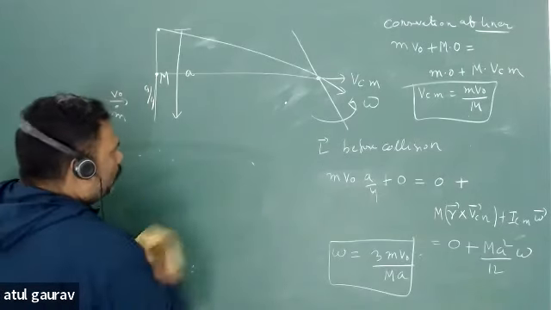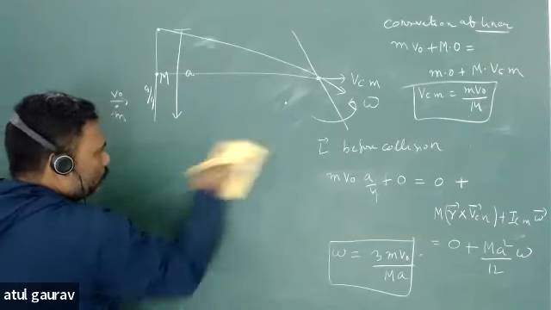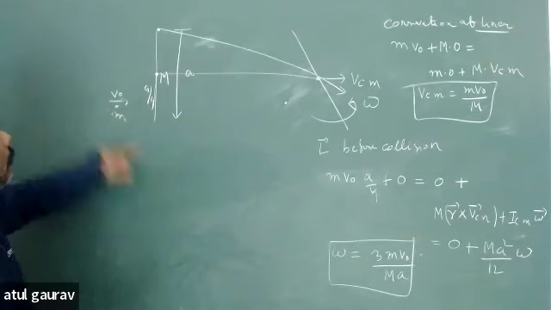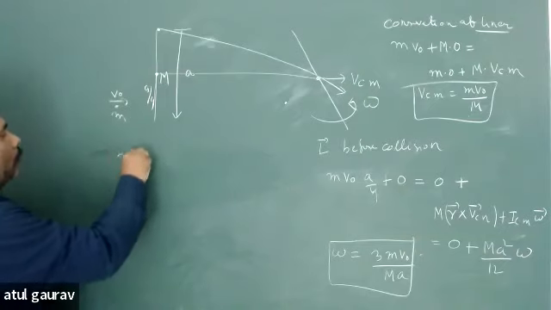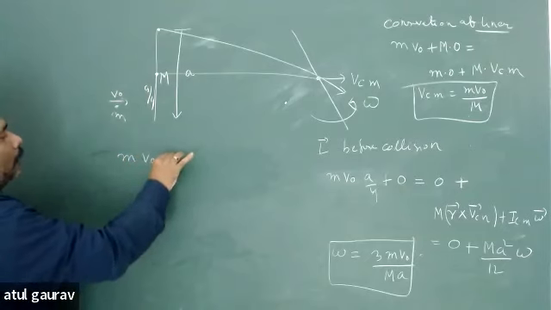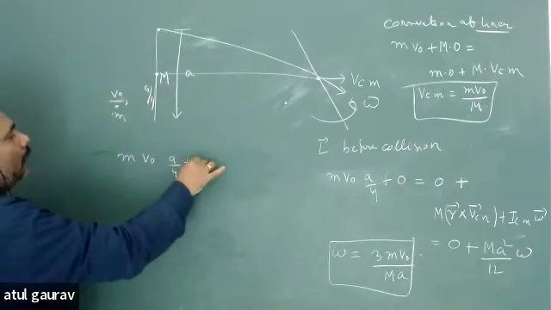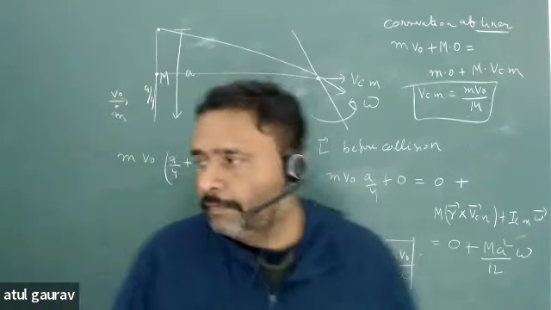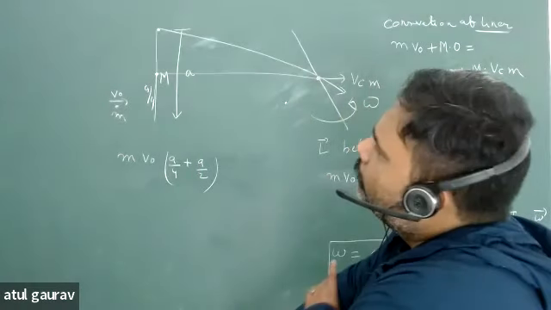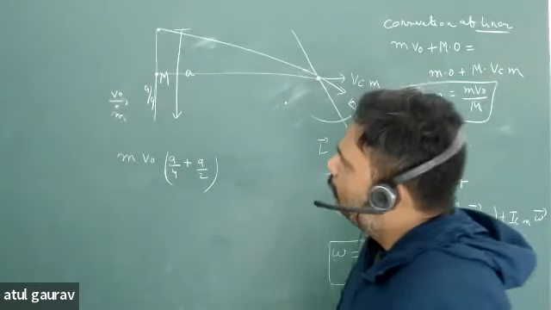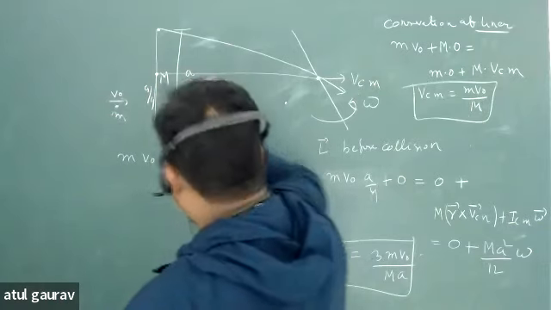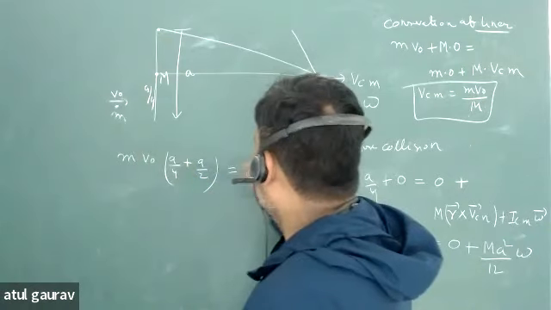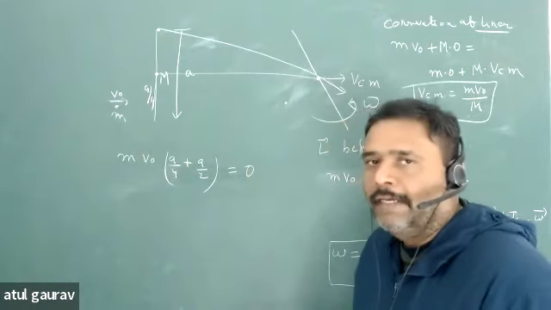M V naught into A by 4 प्लस A by 2, ऐसे करके जानबूझ करके लिख रहा हूं. ठीक है ना? बिफोर कॉलिजन. डोंट वरी. आफ्टर द कॉलिजन 0, पॉइंट मास का तो 0 हो जाएगा.